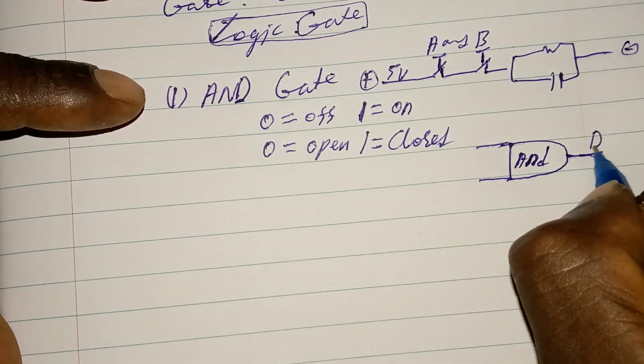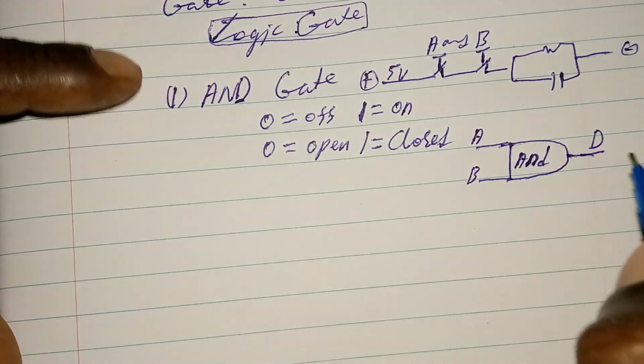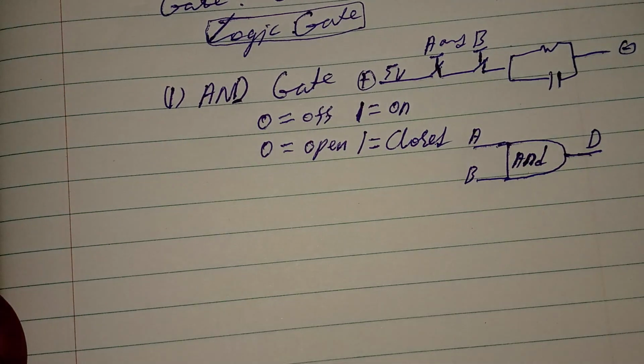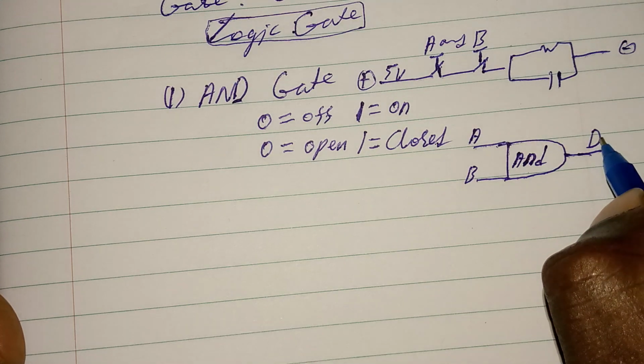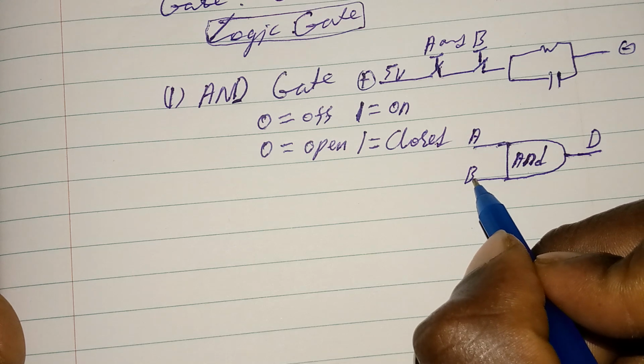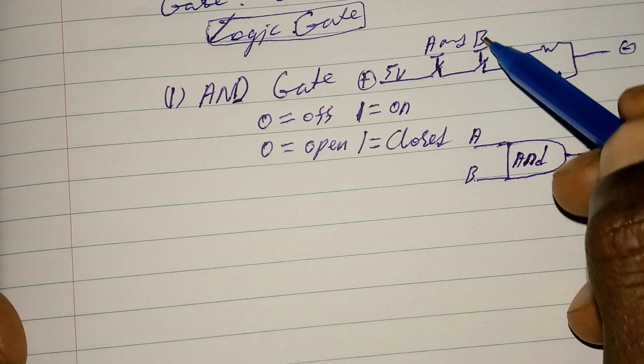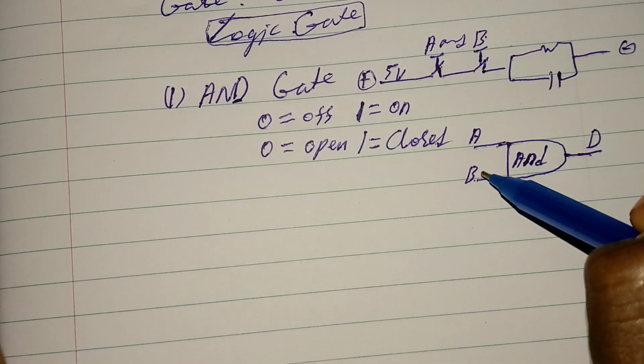This is just a rough diagram of the AND gate circuit diagram. Now D here is the output. We have the A switch and then we have the B switch here.